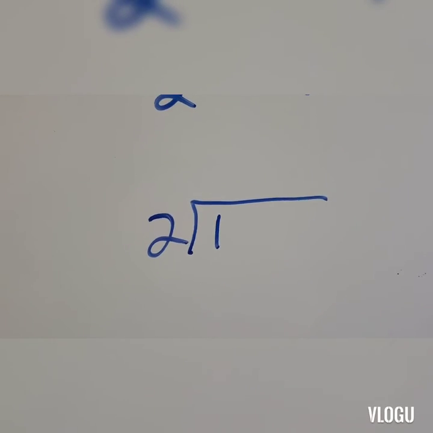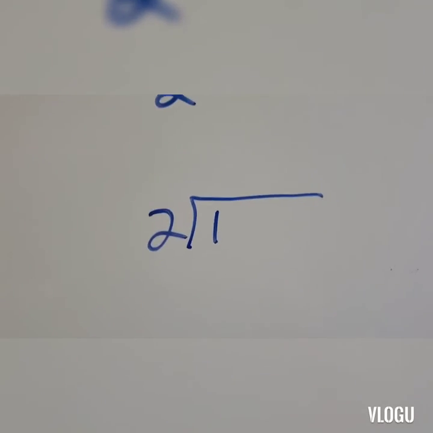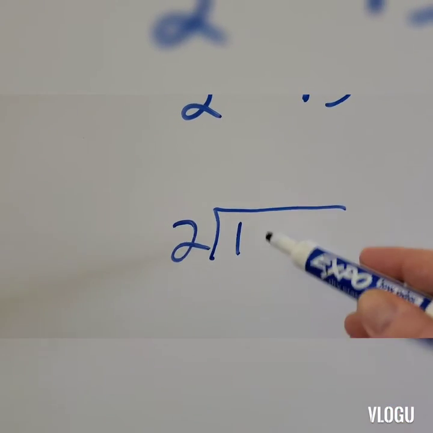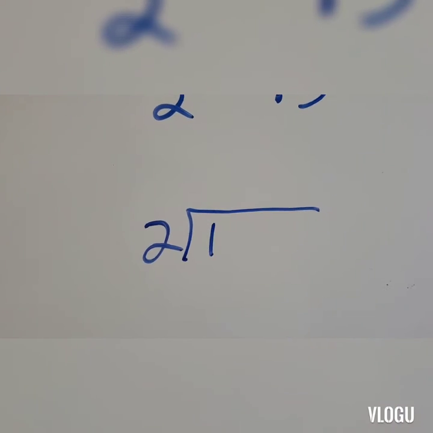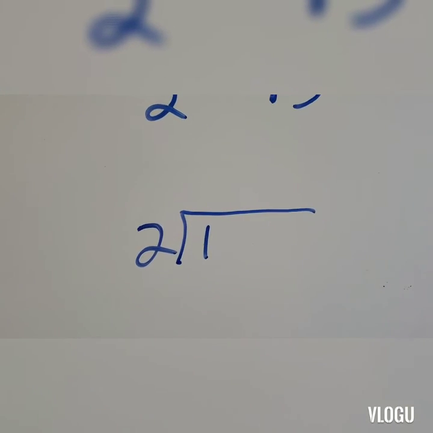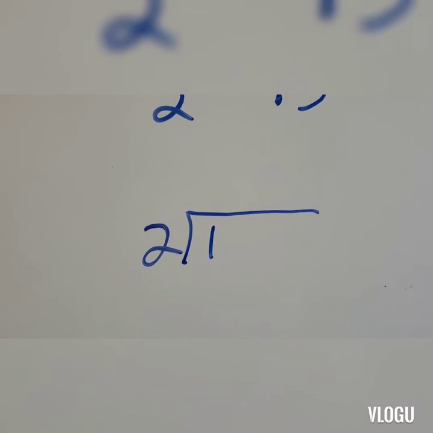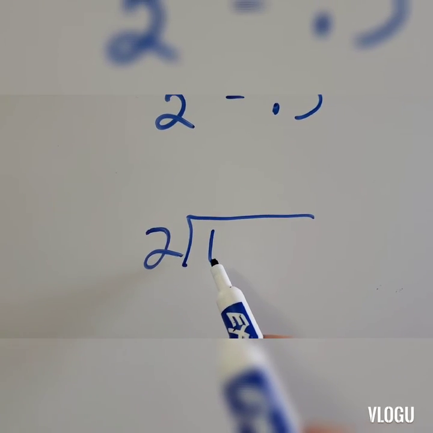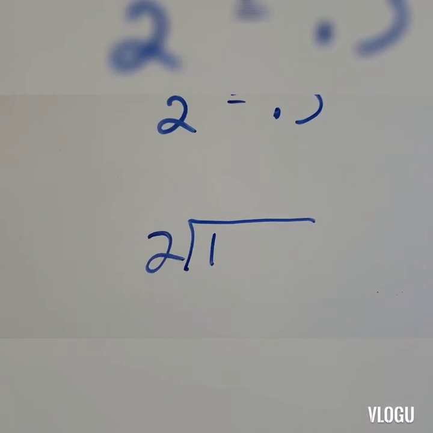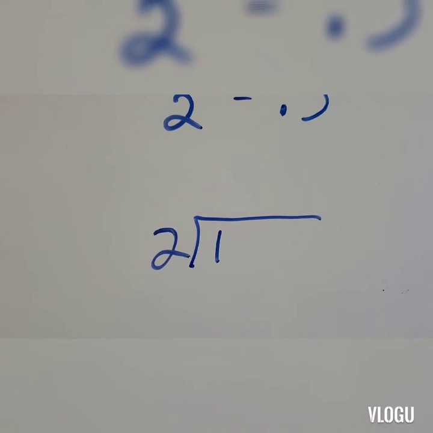Now, if you take a look, you'll be able to see, hey, I can't do this problem the way it is. That's true. We need to extend this number 1 without changing its value.